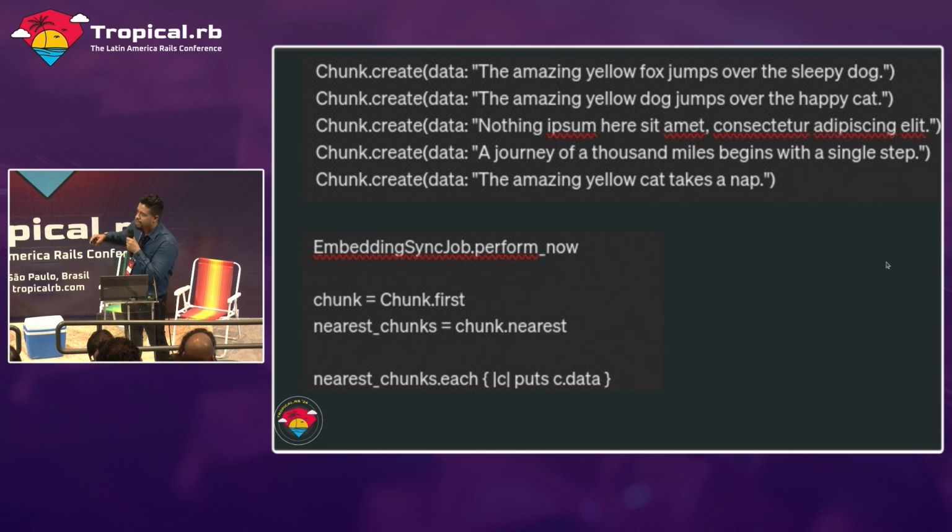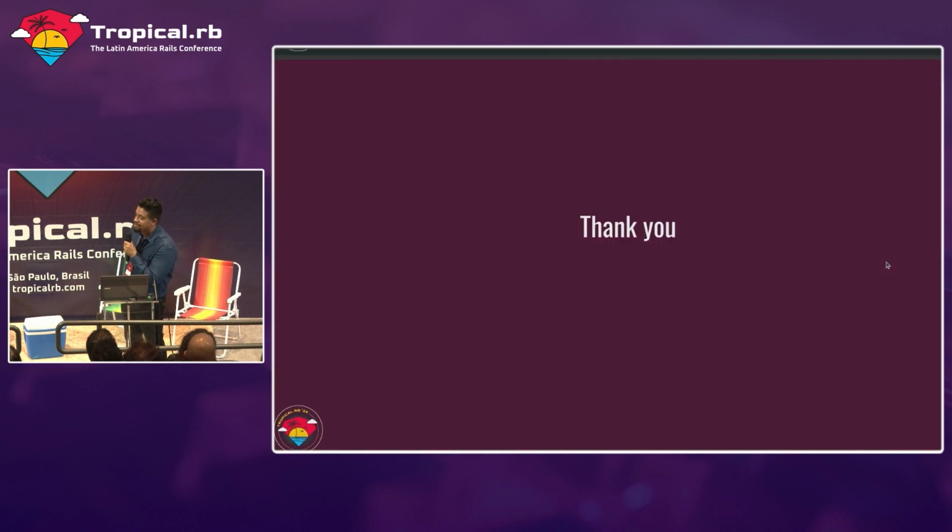This is one example you can test in the Rails console, okay? We're going to create chunks, and generate data. And then when we perform the nearest chunks query down there, it's going to rank the results based on importance, okay? We are using the neighbor gem and the OpenAI gem. And yeah, that's it. Thank you so much, guys.